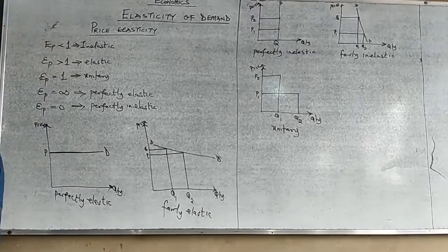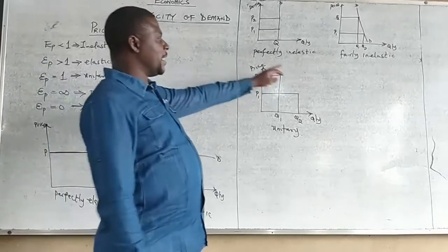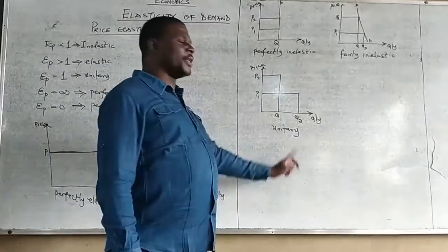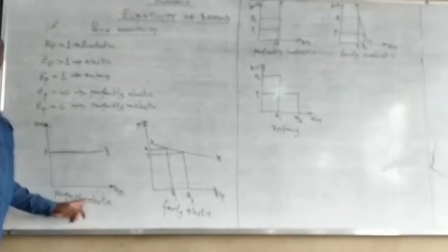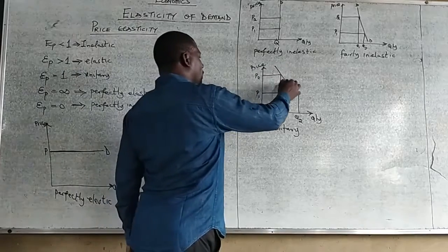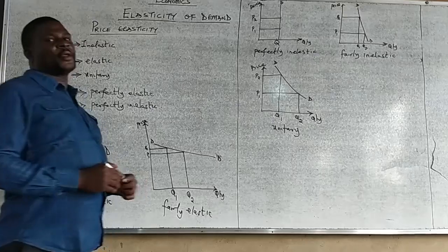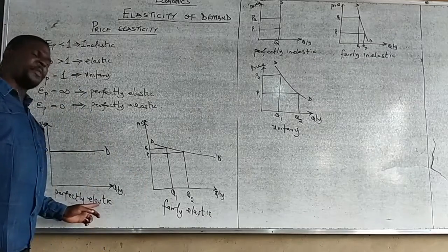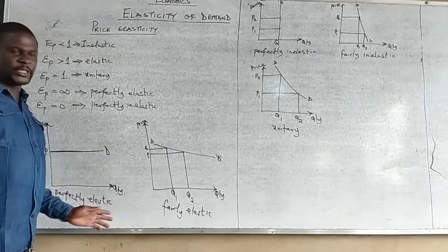They are very important: perfectly elastic, fairly elastic, perfectly inelastic, fairly inelastic, and unitary. So again, demand for a product is said to be perfectly elastic when price remains constant as quantity changes.